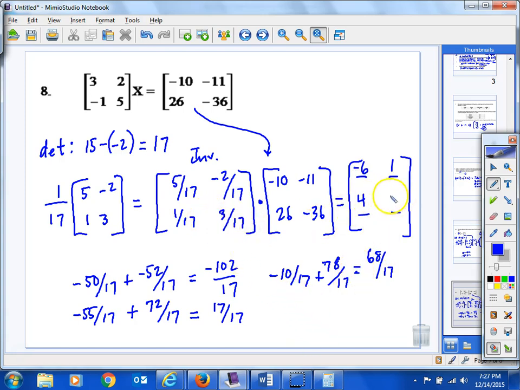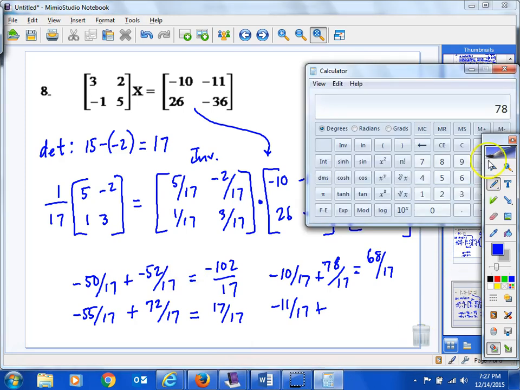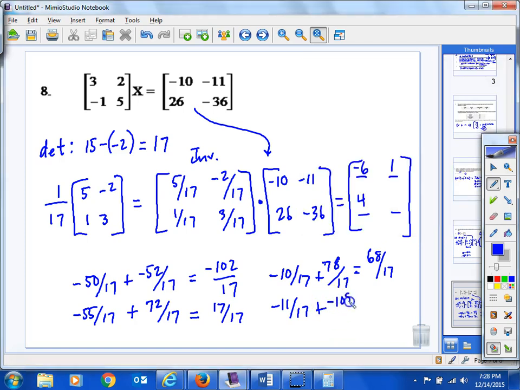And lastly, we do 1/17 times -11, just row times column, plus 3 times 36. That's -108. It's -119 over 17.